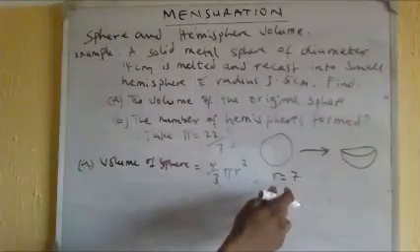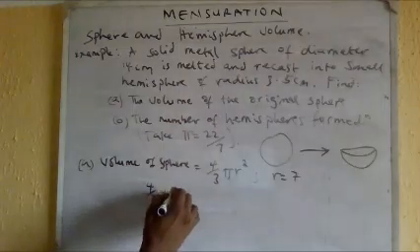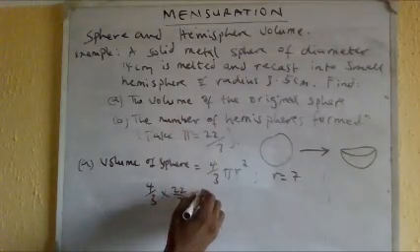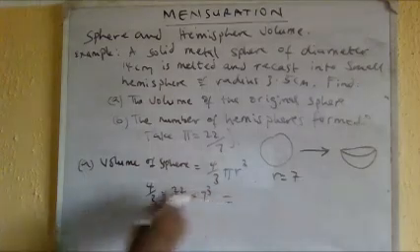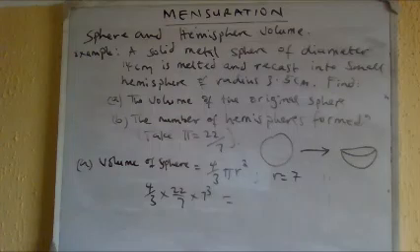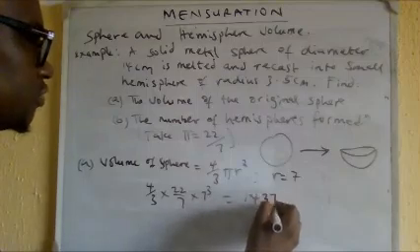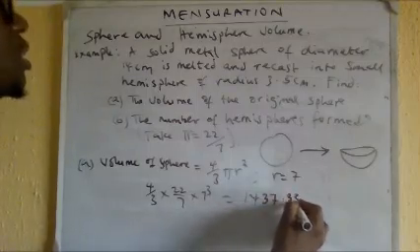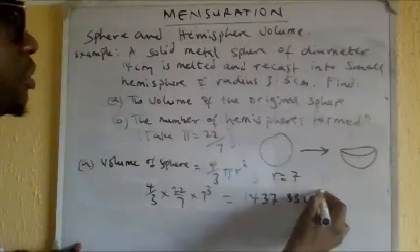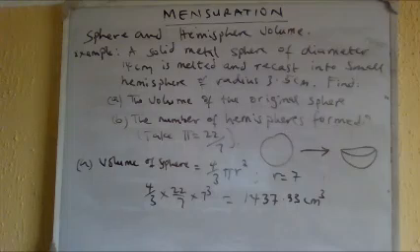So just plug in what you have: 4/3 times 22/7 times 7 cubed. So the volume of the sphere, by the time you compute with your calculator, is 1437.33 cm cubed. Mind your units.